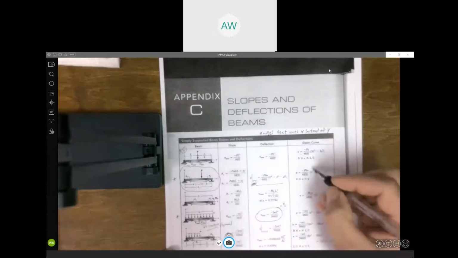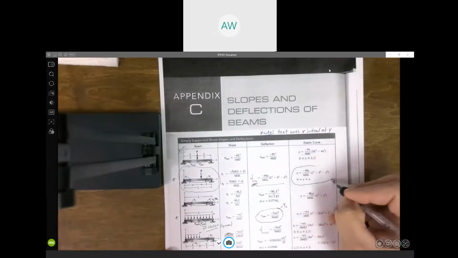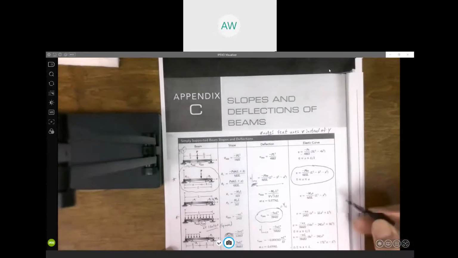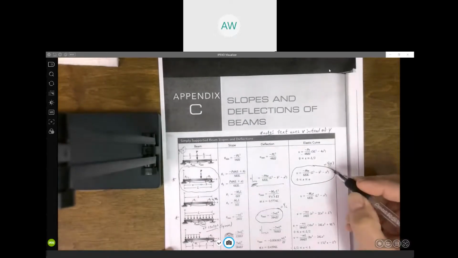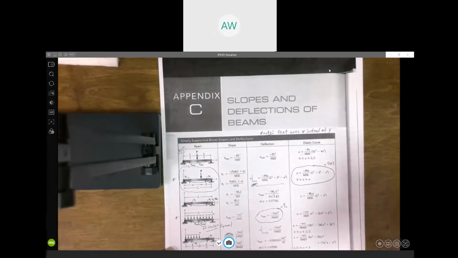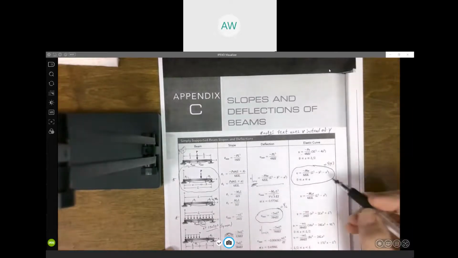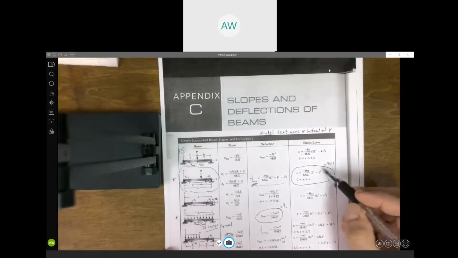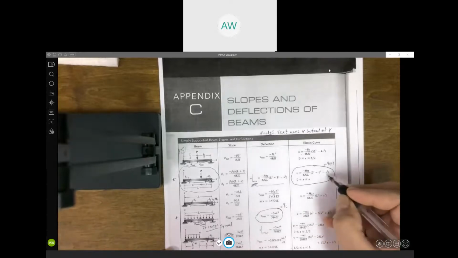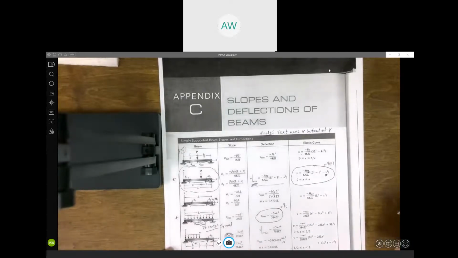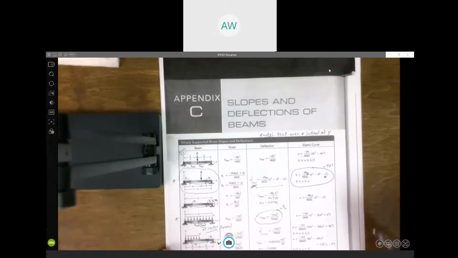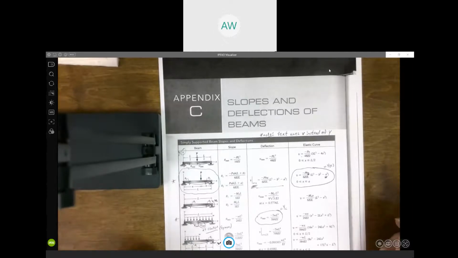So for this one, we've got to use this formula. This is the displacement or deflection as a function of x. So what we're going to have to do is use this equation and plug in whatever x value we're asked to find. In this case, we're asked to find deflection when x is 2.5. That's what x is at the center.